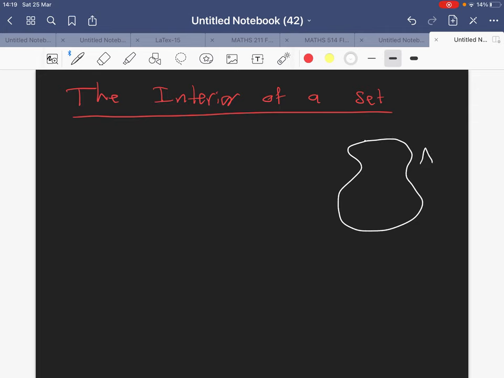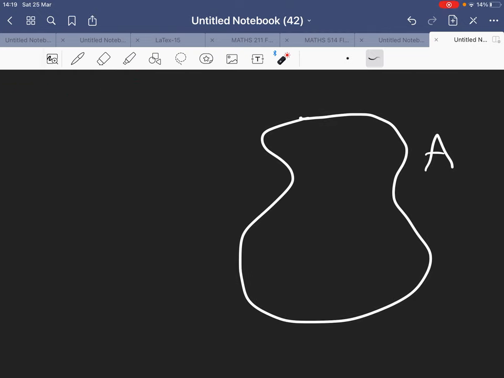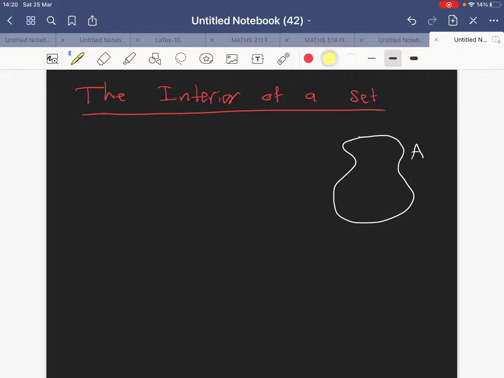We will call it A, and then I would like to look inside A. Now focus inside A, and I want you to find the open sets inside A. So find all the open sets inside A. One of them should be the largest one. And that largest set which is contained inside A, this is what we call the interior. So here we have the interior is the largest open set inside A. We call it interior.